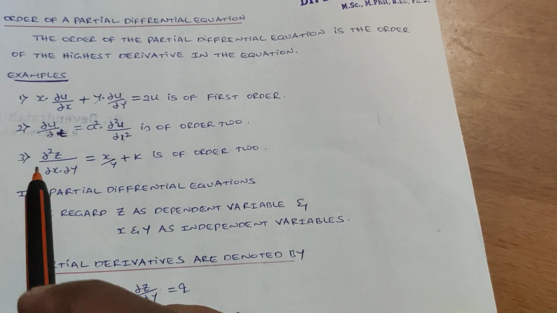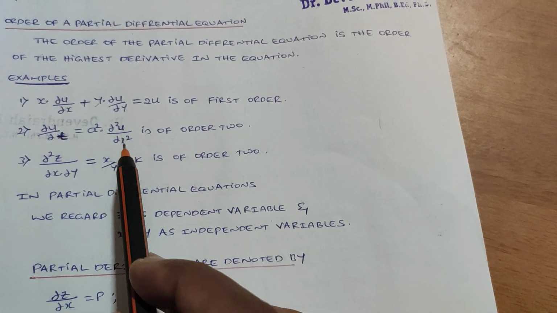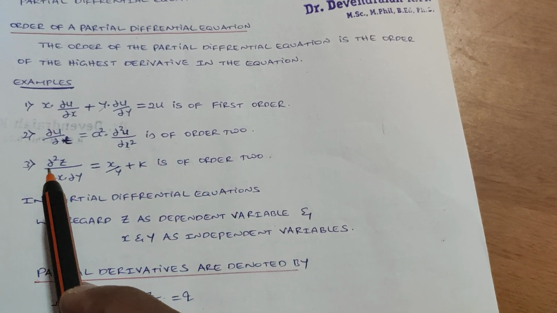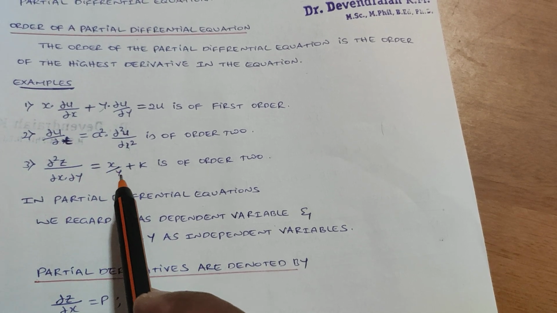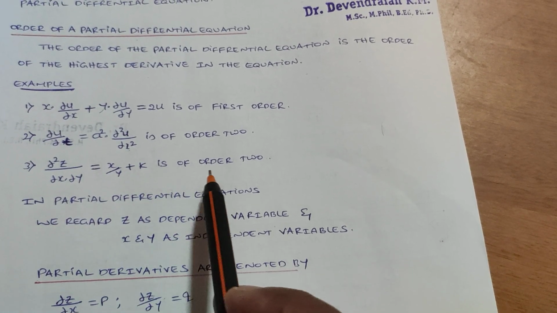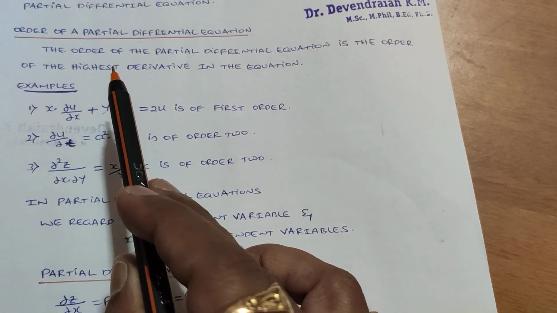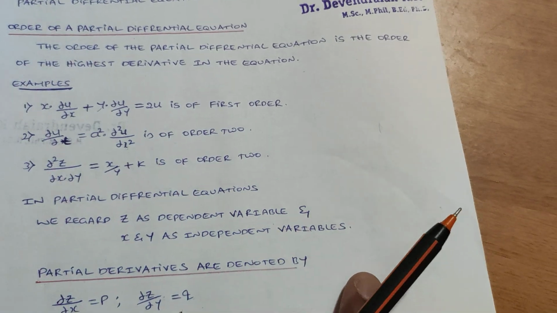Similarly, in the second example, ∂w/∂t = a² ∂²u/∂t² is of order 2. And ∂²z/∂x∂y = x/y + k is of order 2. These are the examples for determining the order of a partial differential equation.